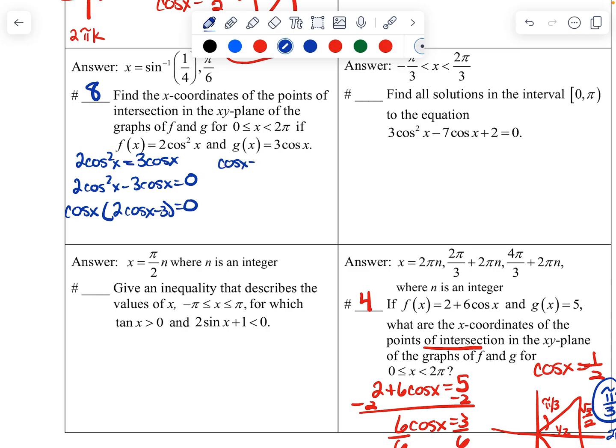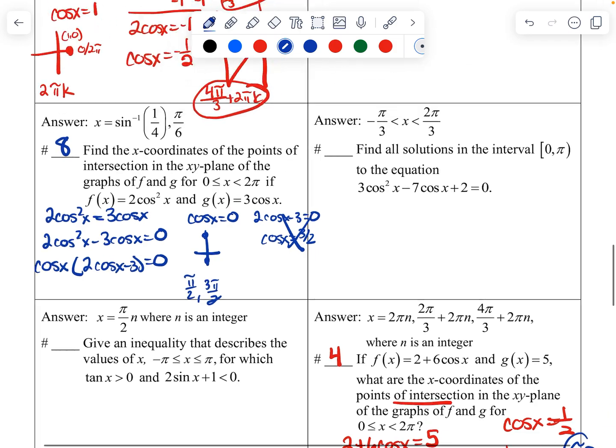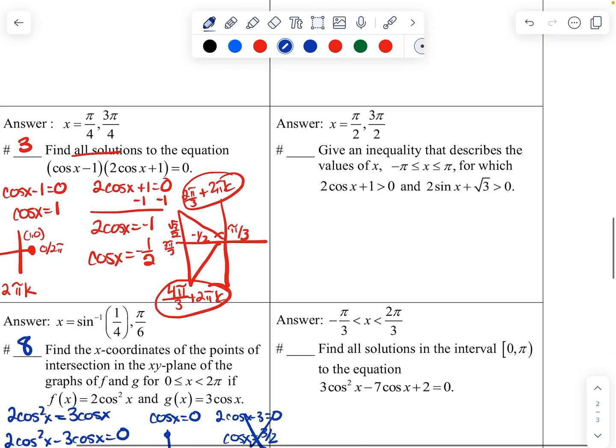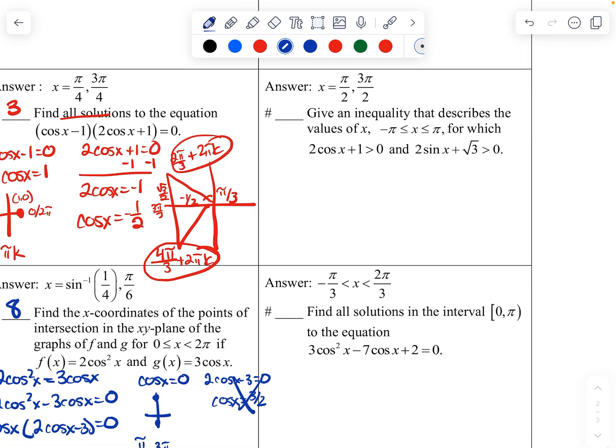So the cosine of x equals 0. 2 cosine of x minus 3 equals 0. Well, that would be here and here. So pi over 2 and 3 pi over 2. This would be the cosine of x equals 3 over 2. Well, that one we're not going to have one because 3 over 2 is greater than 1, and our biggest one is 1. So our answer for that one, pi over 2 and 3 pi over 2, which we can find right here. So this is number 9.